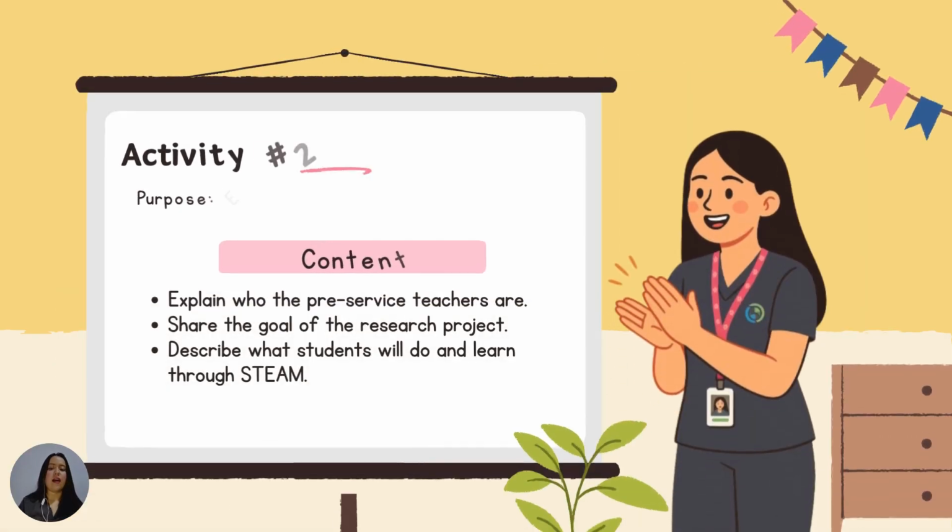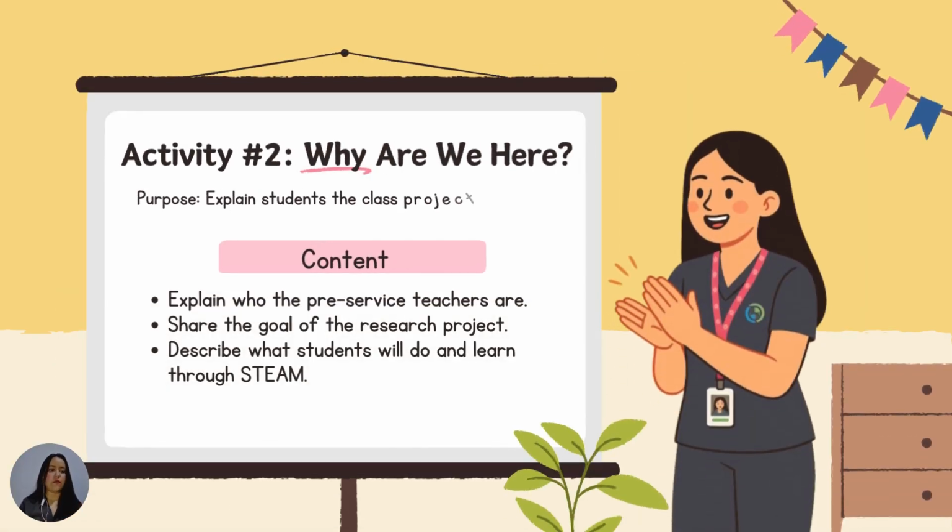Now we have the second activity. Why are we here? This activity is our project presentation. We explain the students the reason behind our presence there, that we were there to implement a STEAM project focused on English learning.